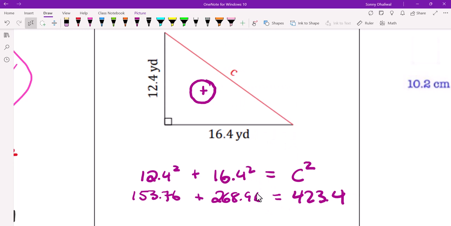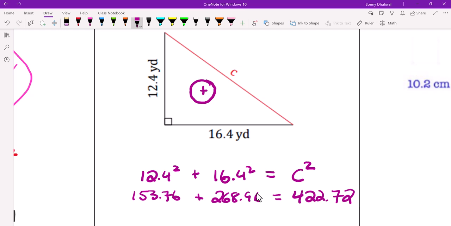422.72. Is that how big C is? No. What do we have to do, Chloe? Square root.